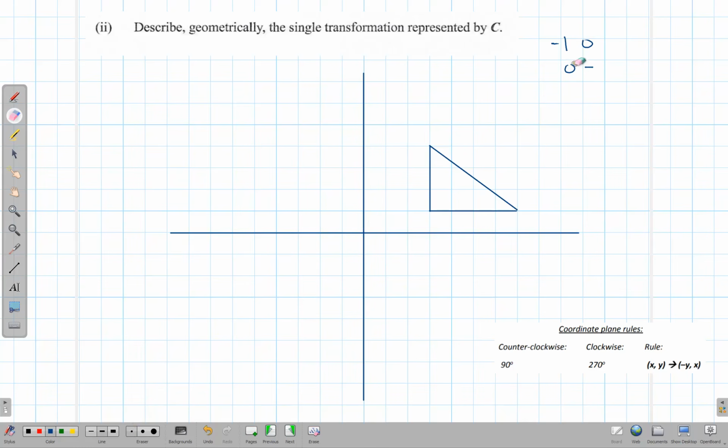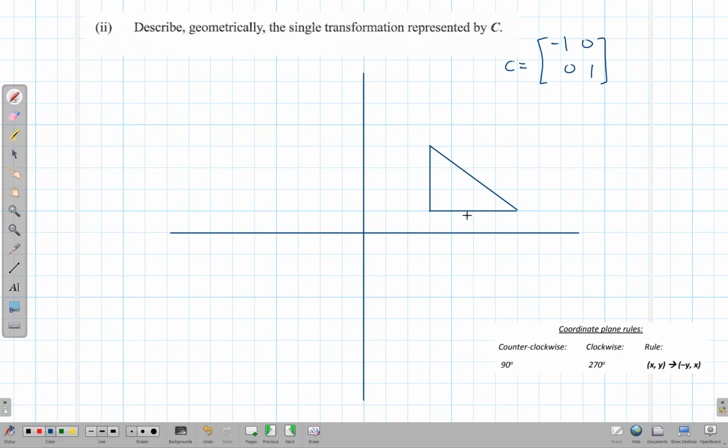This is matrix C. So you might be looking at the matrix and wondering, what does this represent? The best way to know is to take that matrix and multiply a point and a shape and see what it does with it.